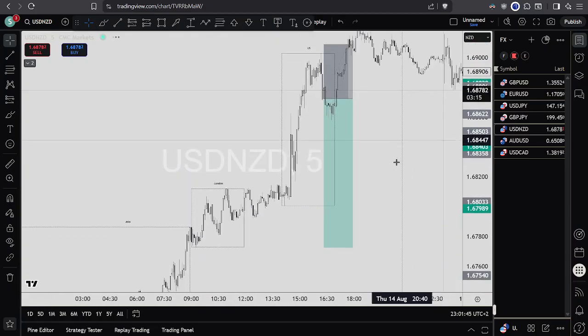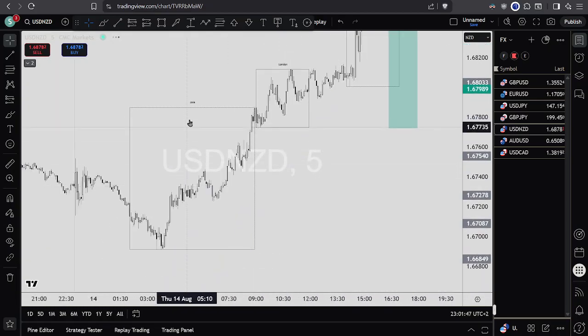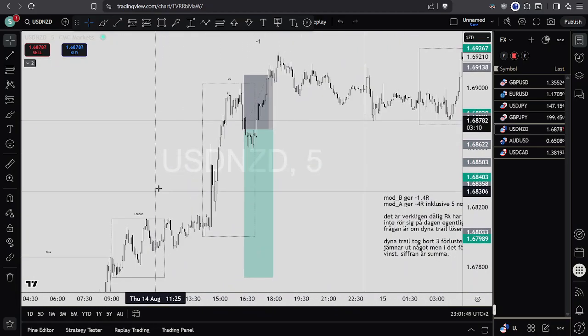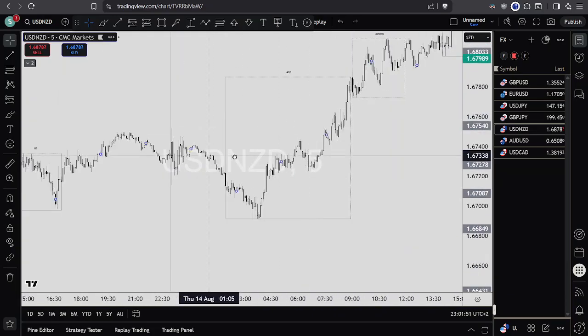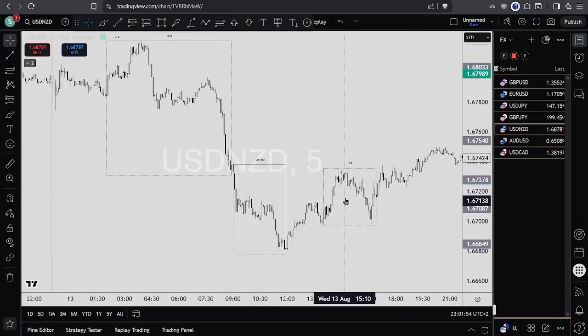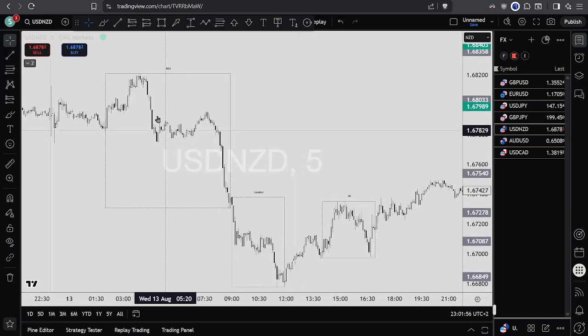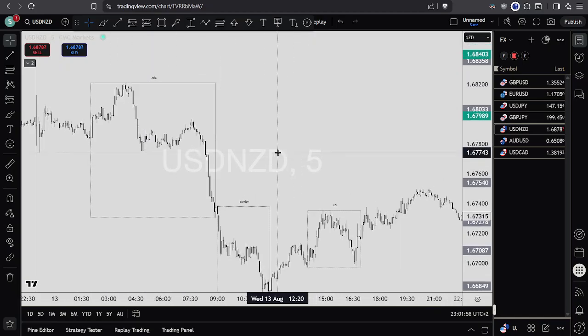But here again, Asia is strong, London is weak, US is decent. Again, London, US, and Asia. And I do not place trades during Asia, and I think that this significantly impacts the result of the data gathered.